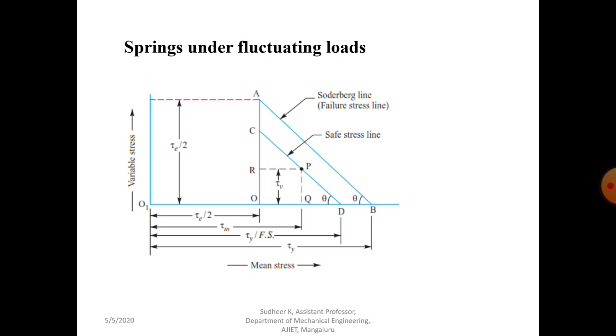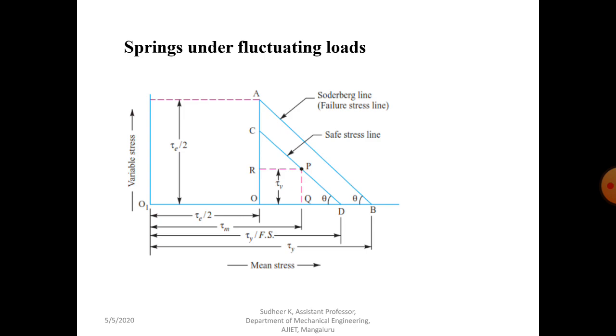Whatever the equation, F is the load acting on the spring, denoted by F. But here it is a fluctuating load, therefore you have to consider F max and F minimum. The load is subjected to an external force which changes its magnitude from F max to F minimum in the load cycle.